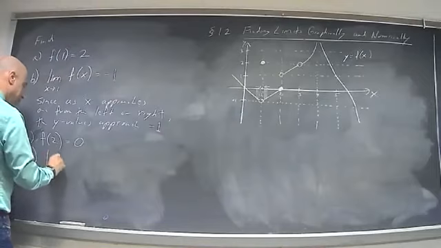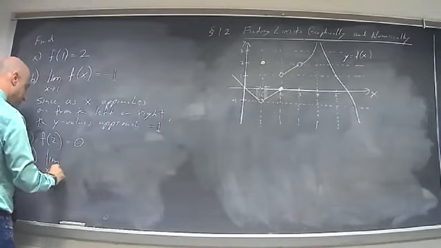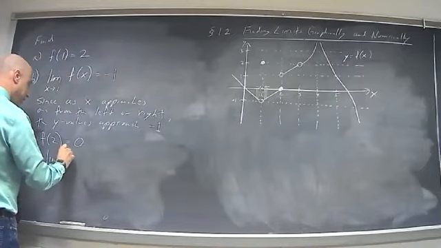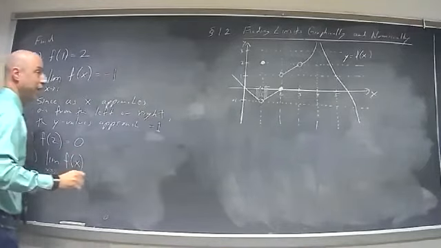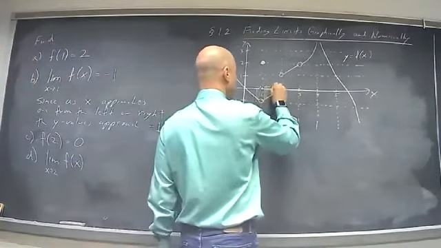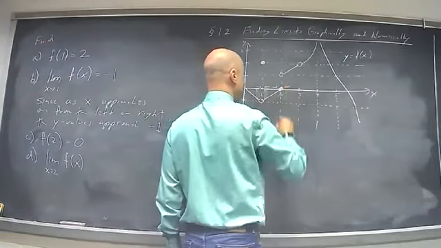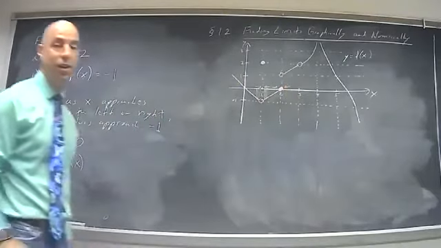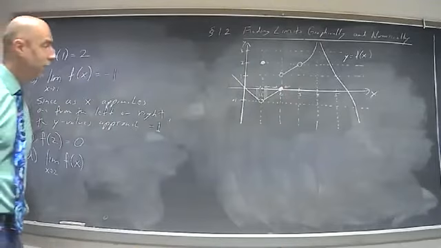What about the limit as x goes to 2 of f of x? So again, we're going to walk closer and closer to x equals 2 from the left and the right, and we're going to check these y values.